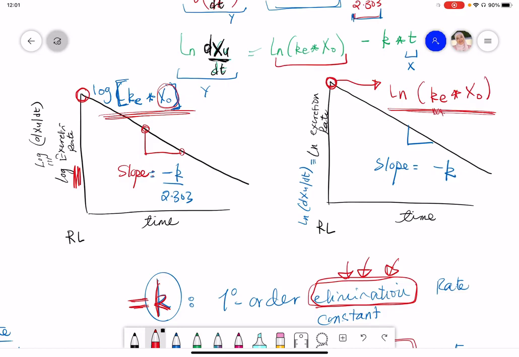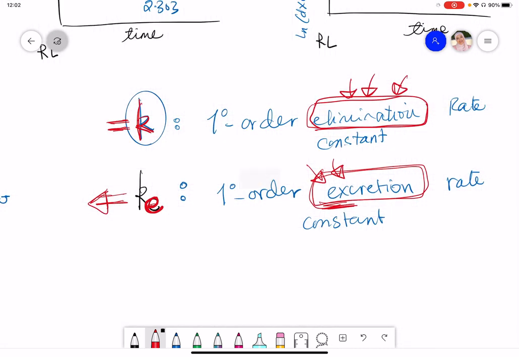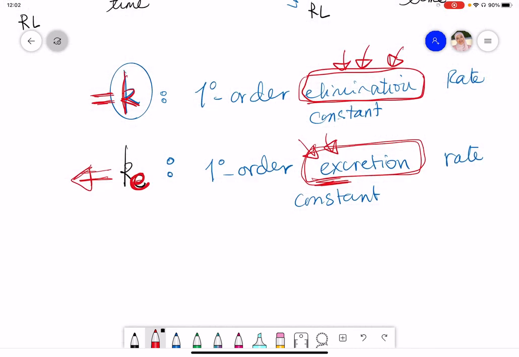We know from earlier that if we know k and we know ke, we will be able to determine the metabolism rate constant, right? Let's be a little bit more specific.